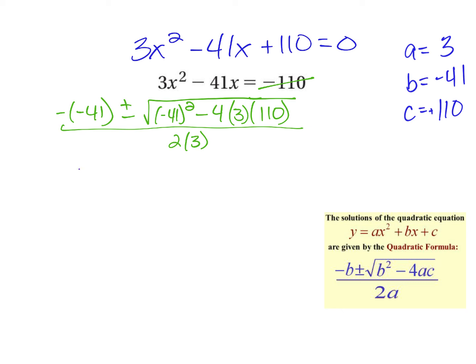So 41 plus or minus the square root of 41 squared, 1,681, minus 110 times 3 times 4 would be 1320, over 6.